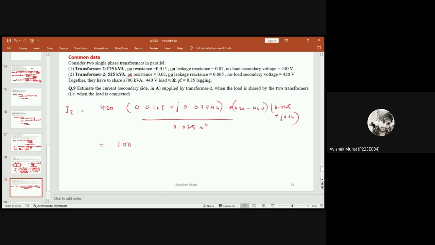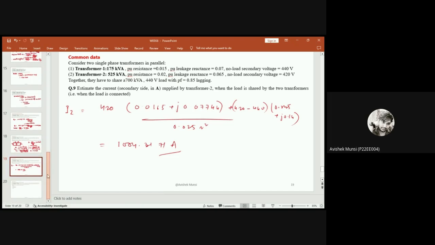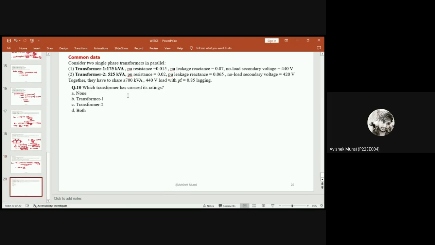It is 1004.31. In this question, for the last part, you have to check which of the transformers has cross ratings. Okay. So I'm giving 5 minutes for it.